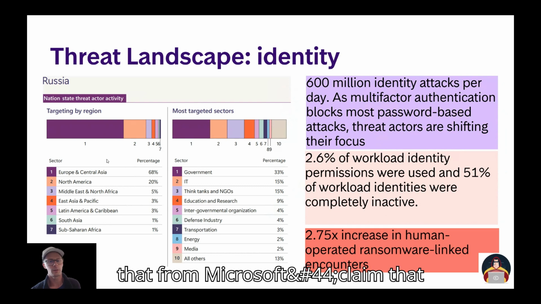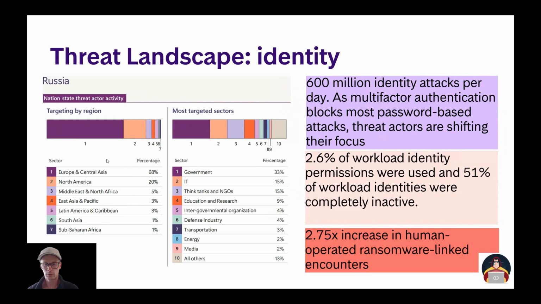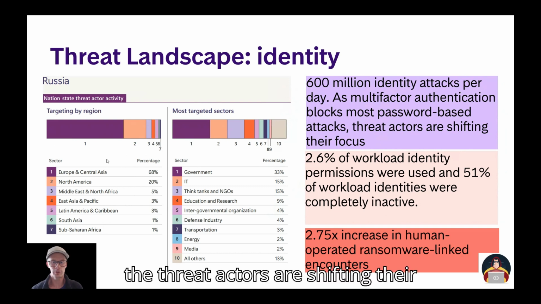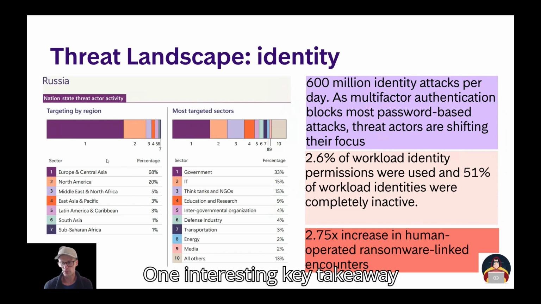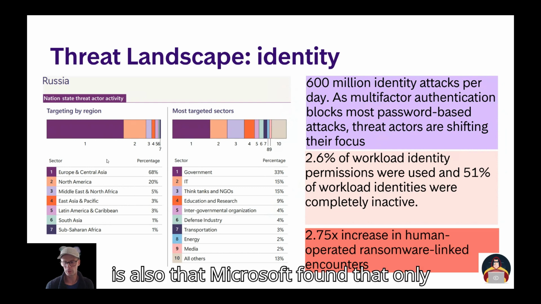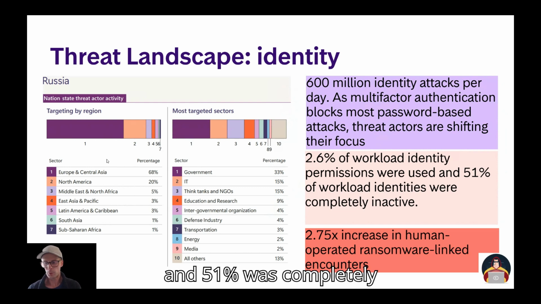Microsoft claims there are 600 million identity attacks per day, although MFA blocks most of them, meaning that the threat actors are shifting their focus to other than passwords. One interesting key takeaway is also that Microsoft found that only 2.6% of workload identity permissions were used, and 51% were completely inactive. That's a pretty huge number.